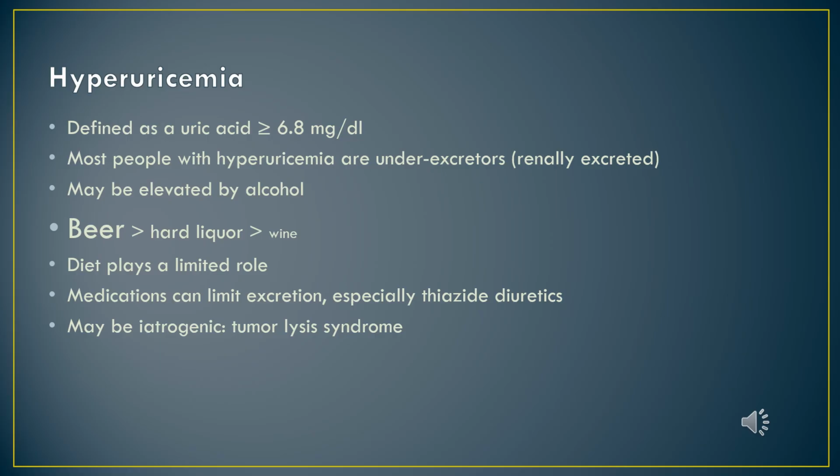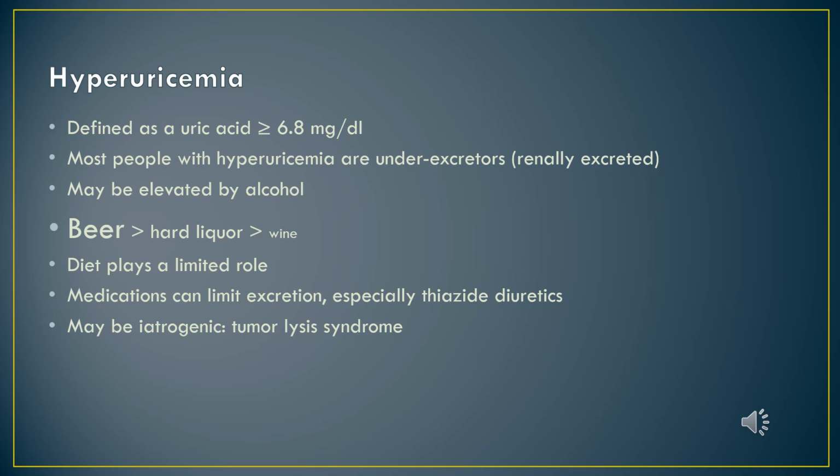Many people often ask about diet, and diet can play a role. There can be small elevations in uric acid based on your diet. The reality is that major diet changes only change uric acid levels by about 1 milligram per deciliter, so usually not enough to make a huge impact on whether or not someone has gout.